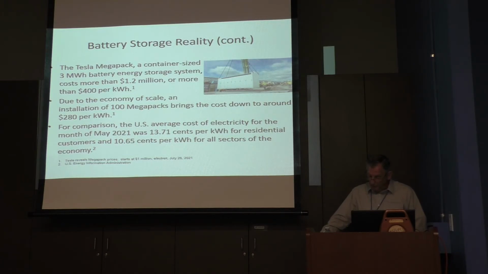But for comparison purposes, the U.S. average cost of electricity for the month of May 2021 was 13.71 cents per kilowatt hour for residential customers and 10.65 cents per kilowatt hour for all sectors of the economy.